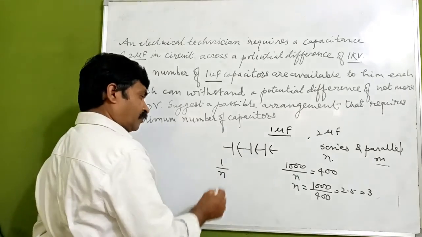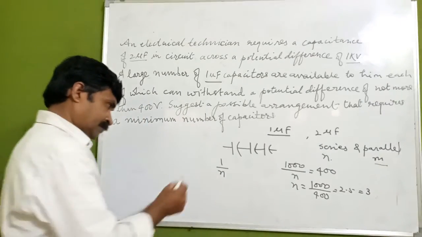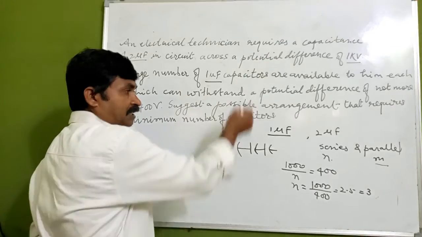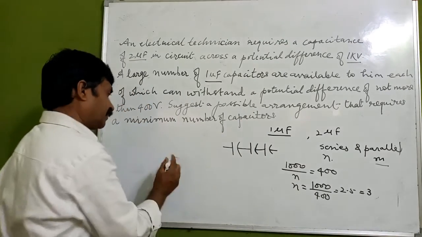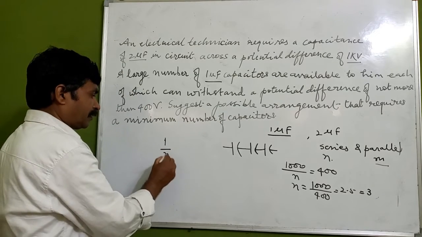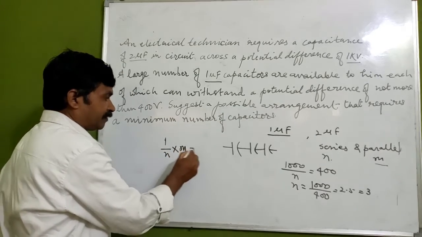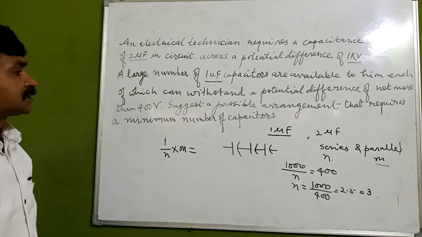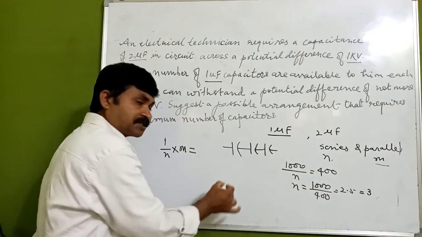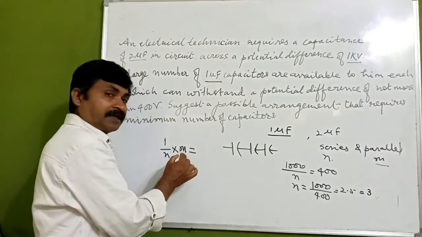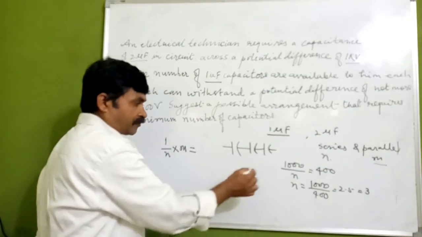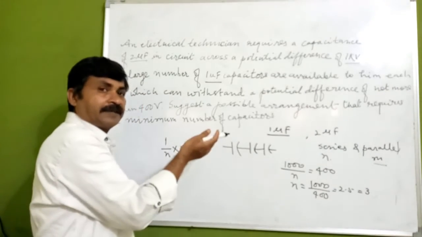So 1 upon n will give the total capacitance, and if we connect m such series combinations in parallel, they will get added.